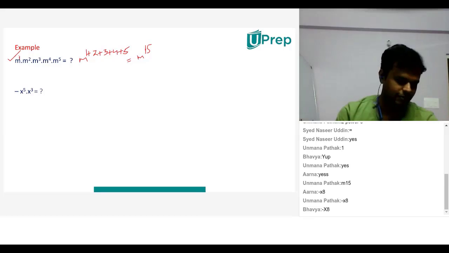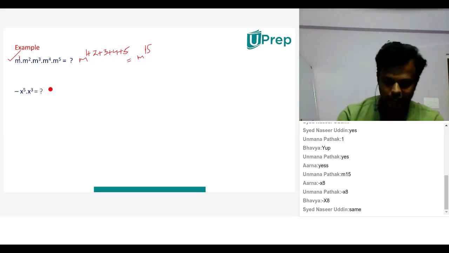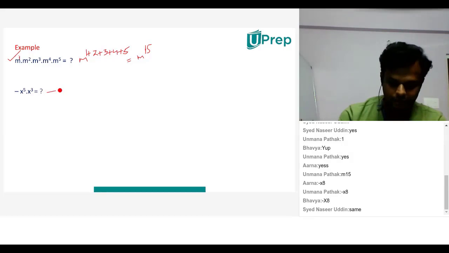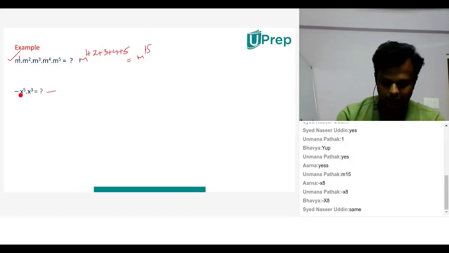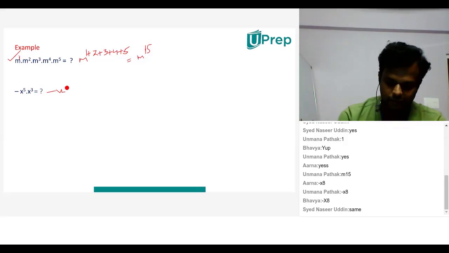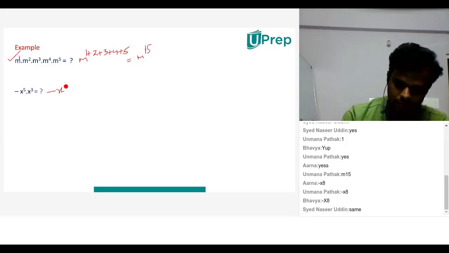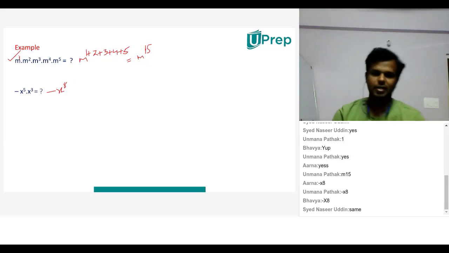Very good, Bhavya. Mana, Arna, great guys. So the answer is minus. Children, here minus is there. There is nothing to make this minus plus, so minus will be as it is. So x power 5 into x power 3 is x power 8. Minus x power 8 is the answer.